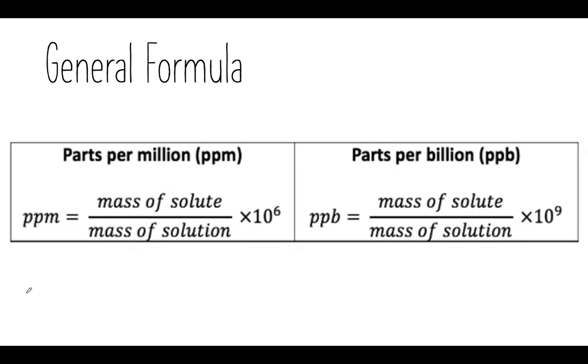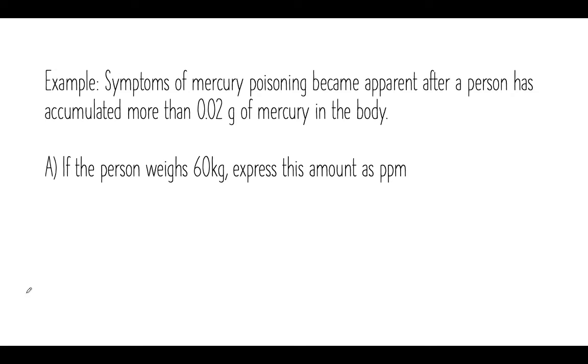That's because you just need them to be consistent. So if you're using a certain unit of mass for the solute, you have to make sure it's consistent for the solution as well. I'm given grams in my question, so I'm going to keep that consistent for both the solute and the solution.